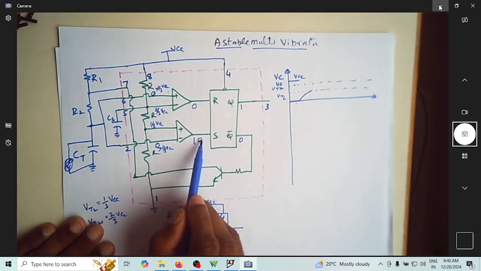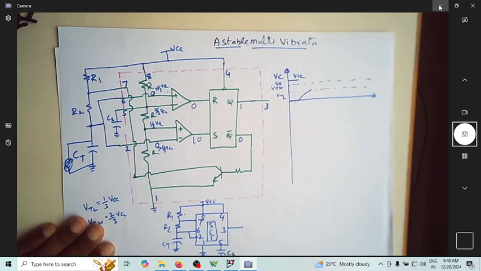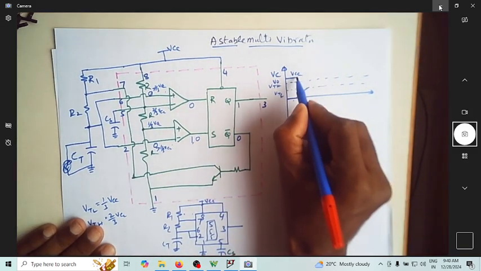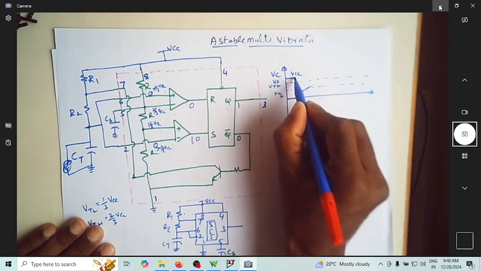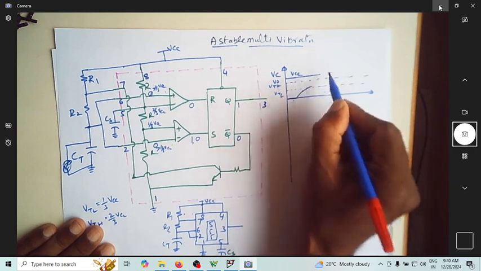In both comparators you get 0, 0 output. When it is 0, 0, the flip-flop remains in its previous state. The previous state is 1, so it continues to be 1 even when the capacitor voltage exceeds VTL. The output stays at VCC.